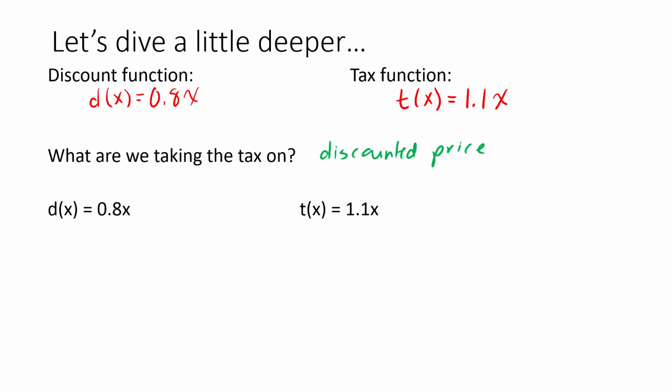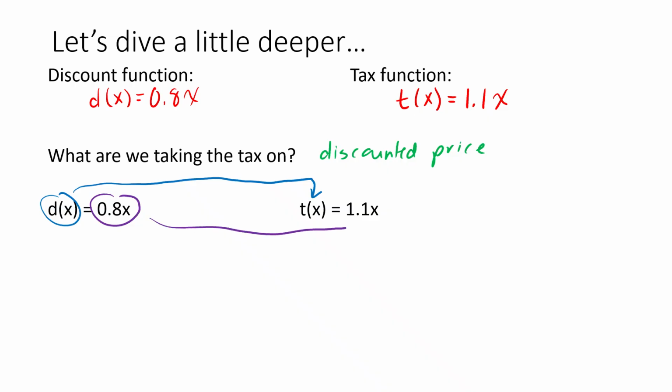So what that might look like is this. We are going to take this d of x and carry it over into this function over here. In that first part, we would put t of d of x, and make sure we plug it in for the x.